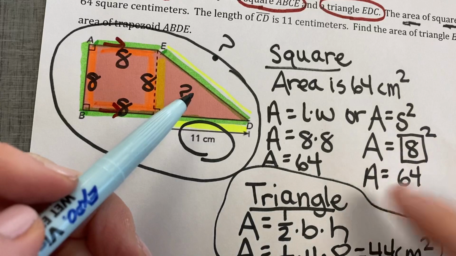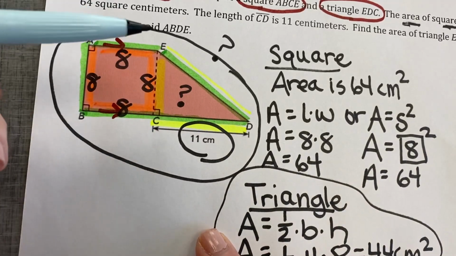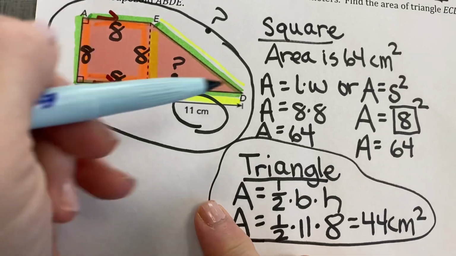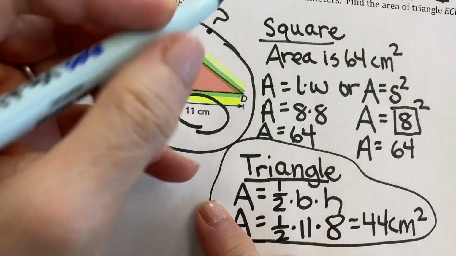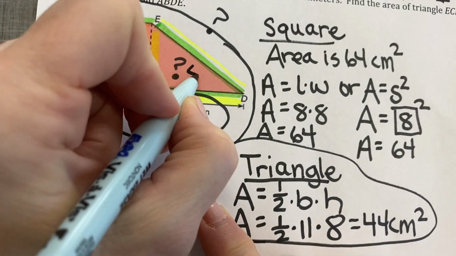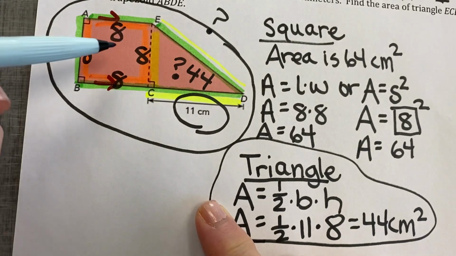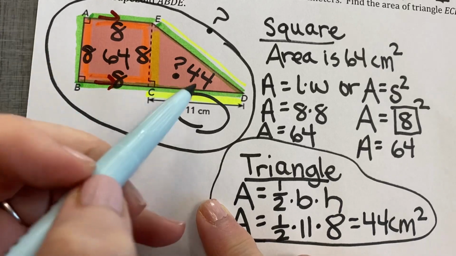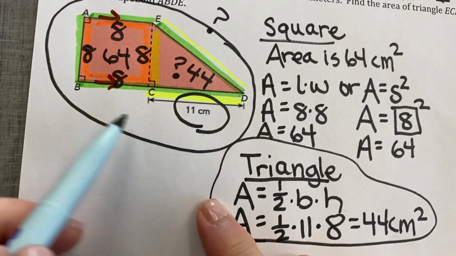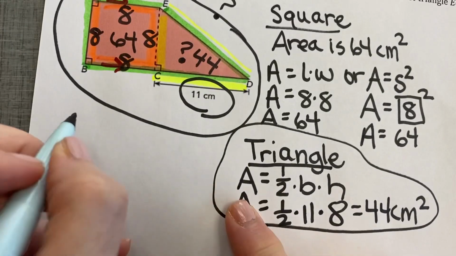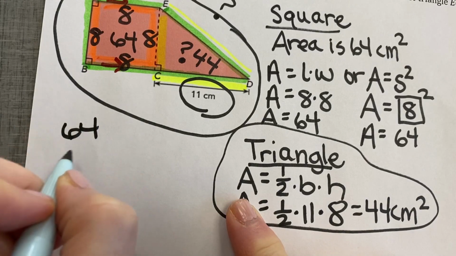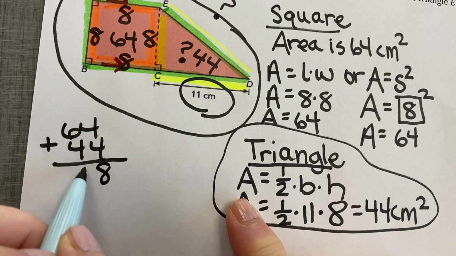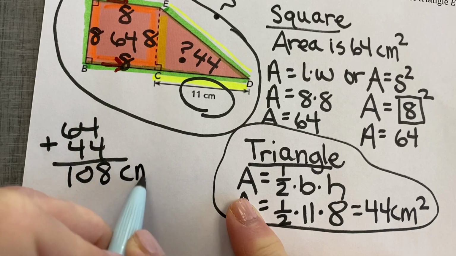And then they asked for the area of the trapezoid. Now what's interesting, you could do this two ways. Since we already know this area is 44, and we know that this area is 64 because it was given, one way to find the area of the whole trapezoid would be to add 64 plus 44, and that would give us 108 square centimeters.